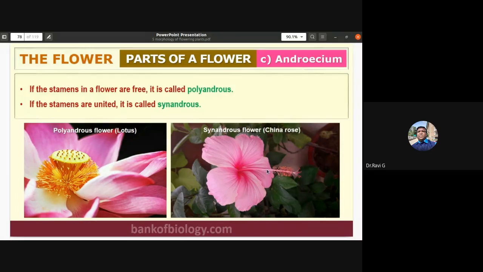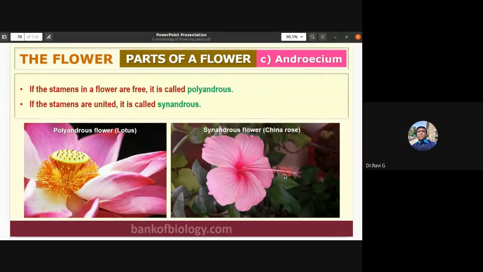All of them are fused at their filament level to form a stalk. This stalk is called a staminal tube. And when you dissect the staminal tube, within that you have the style. So they have formed a single bundle. In this case, they have formed a single bundle, and we call this a staminal tube. So this sort of condition where stamens are fused, we call the synandrous flower.